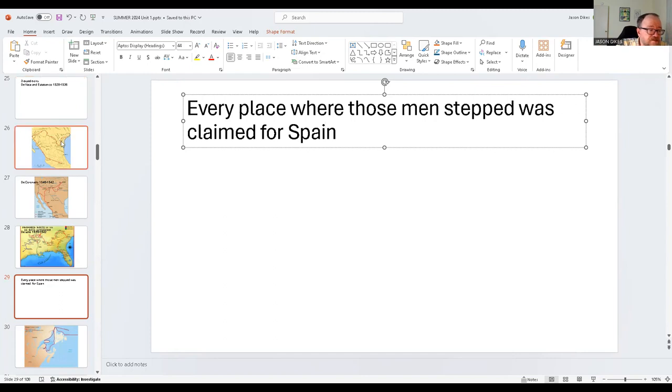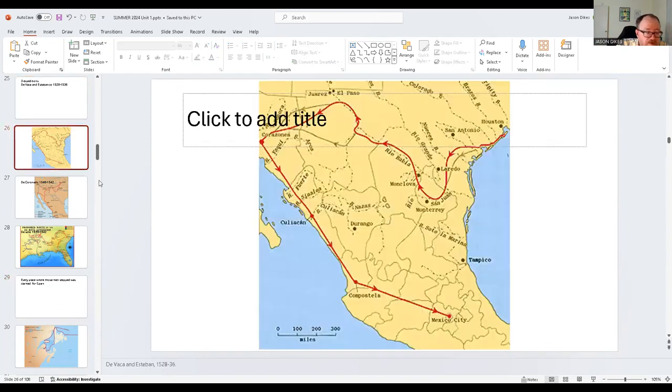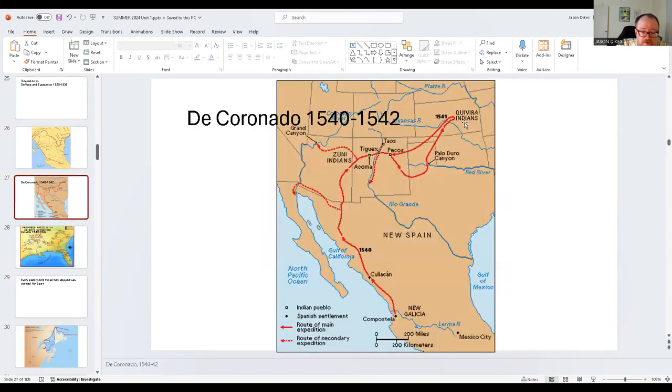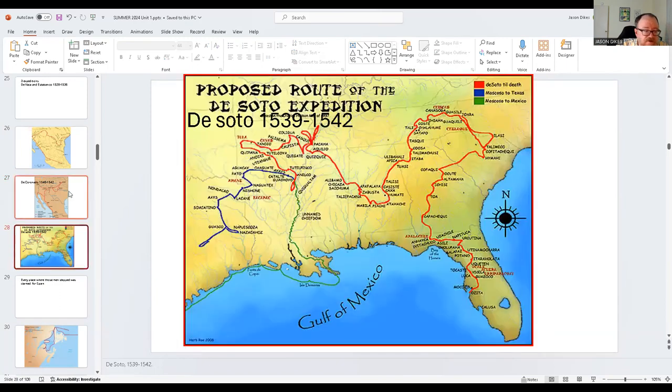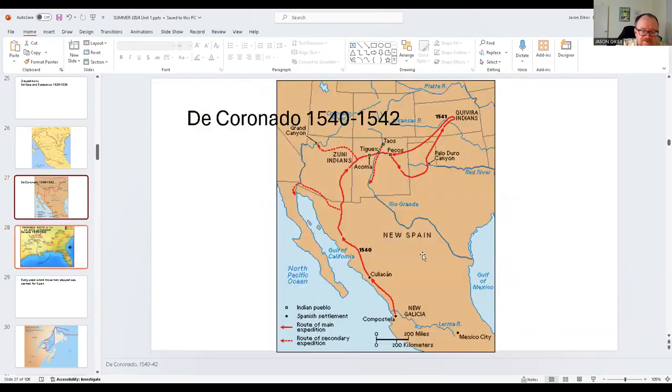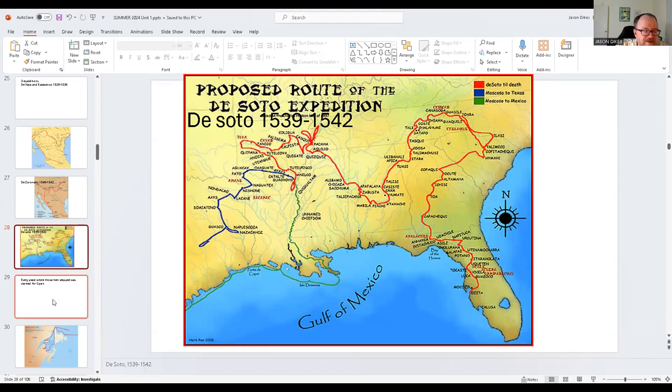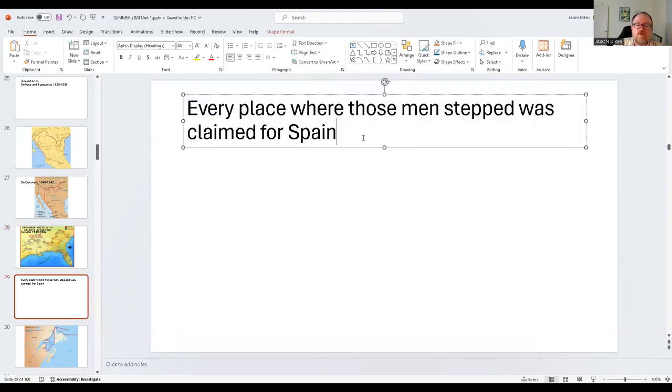So every place that De Vaca went, every place that de Coronado went, every place that De Soto went, they claimed that territory for the Spanish sovereign. Okay? So that's why we mention these, because that's going to allow Spain to claim basically everything from Florida across to Texas and then up into California.